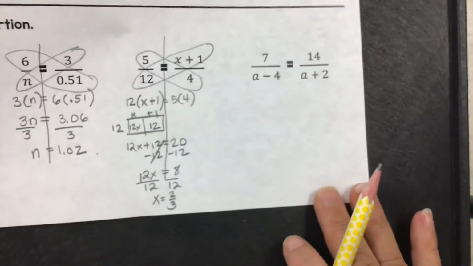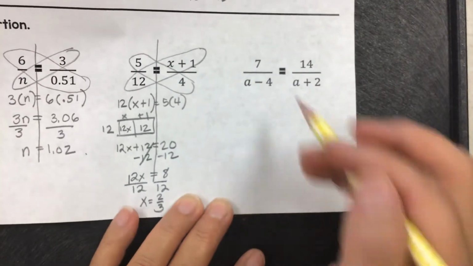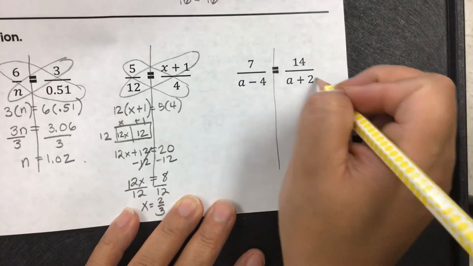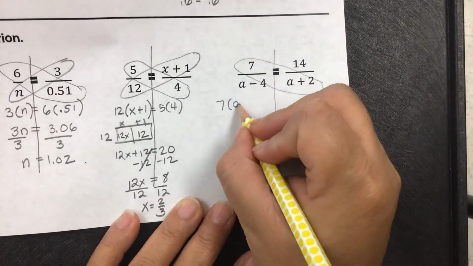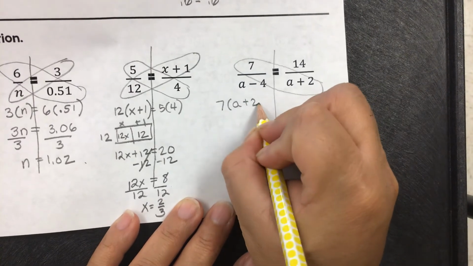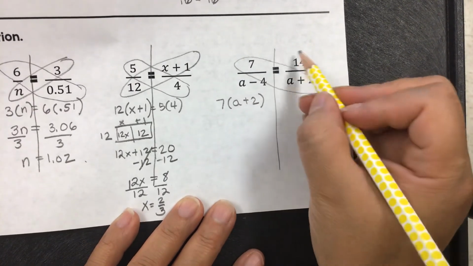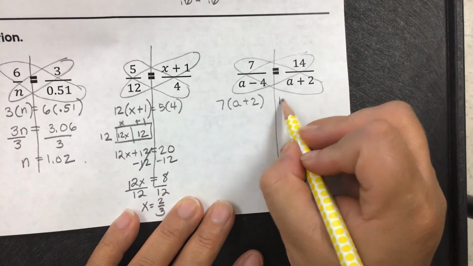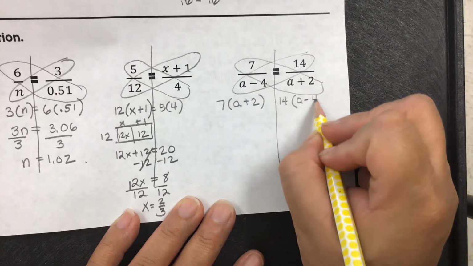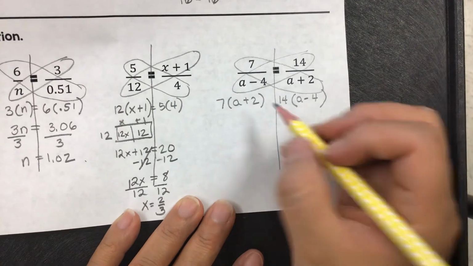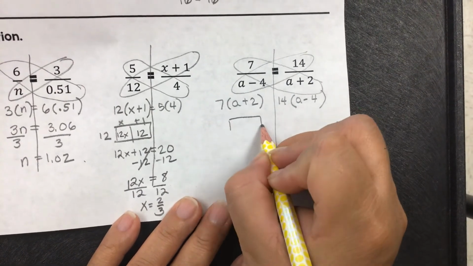All right, and for the last one, we draw the line. We're going to multiply these two. That would be 7, open parentheses, a plus 2. And for this side, we would have 14, open parentheses, a minus 4. We're going to do the box on both sides.